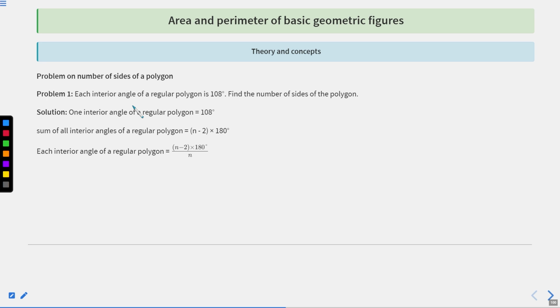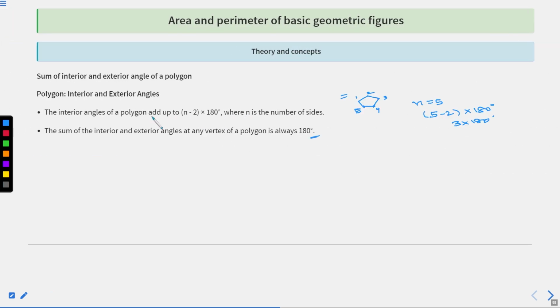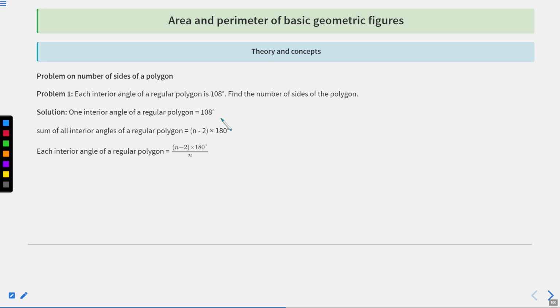If you remember, we had a formula in which we studied the interior angles of a polygon: (n minus 2) times 180 degrees. So the sum of all interior angles of a polygon is (n minus 2) into 180 degrees.